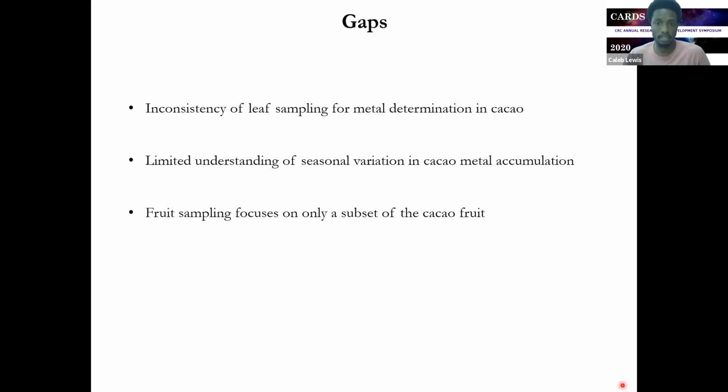So the pod husk, the testa and the cotyledon all develop throughout that fruit development period. So what I wanted to look at was cadmium accumulation in the entire fruit itself.